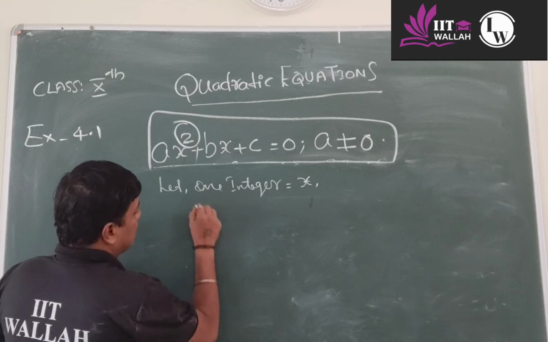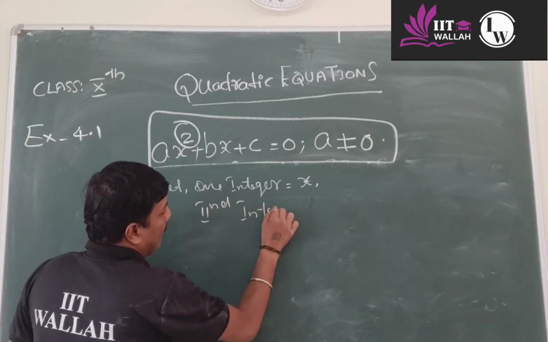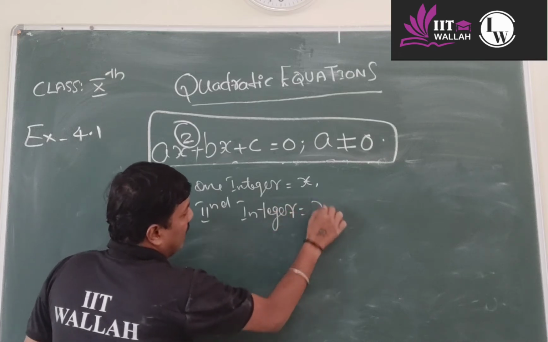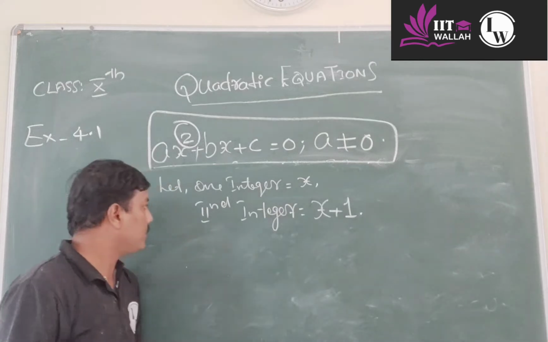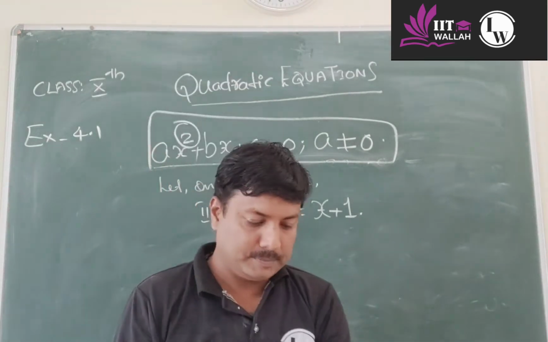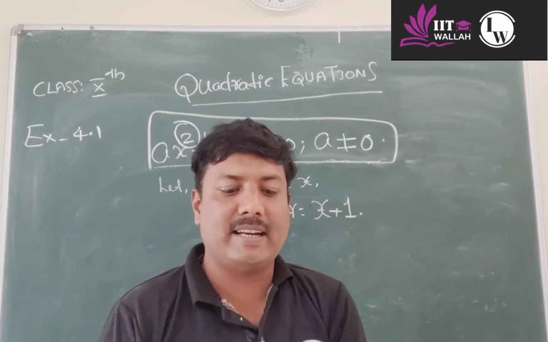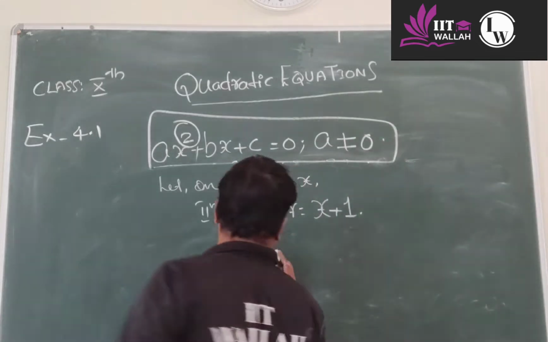So the second integer will be x plus 1, right? Understood? Now their product is 306.